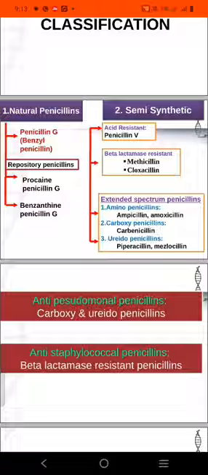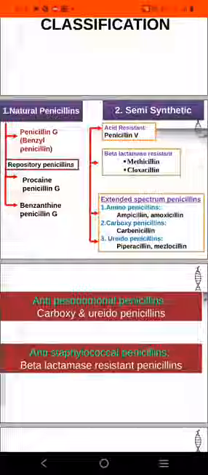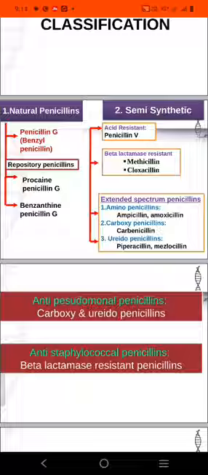When penicillin has a very short duration of action, we combine penicillin with other substances to produce repository preparations, that is procaine penicillin, benzathine penicillin. Procaine penicillin has a duration of action of 24 hours and benzathine penicillin has a duration of action of around 7 days to 1 month.